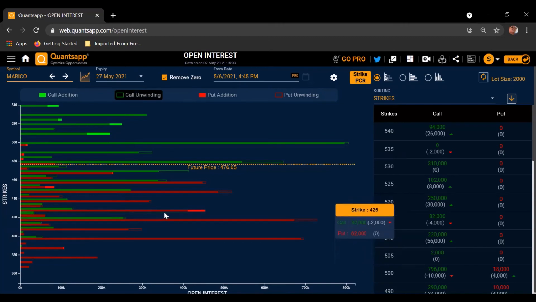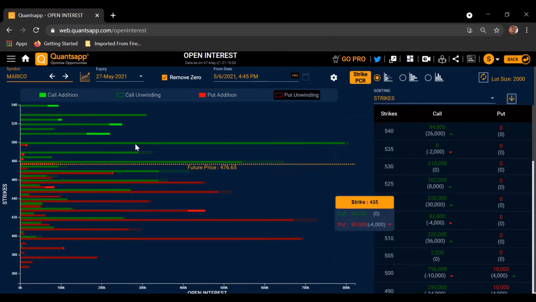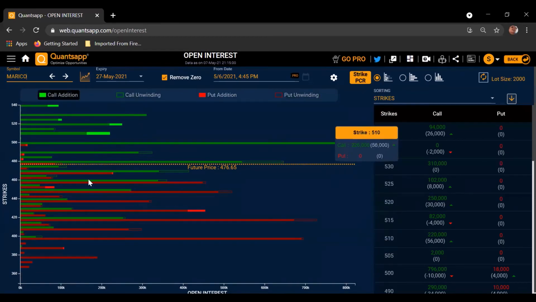Just 2 days back, I got into 430 as well. Now you can see that people are building up at 510 and 430, which is good for me because those are the furthest away that I place my positions at as well. As long as the price stays between here, it's good.